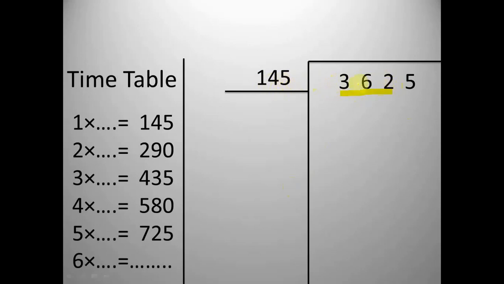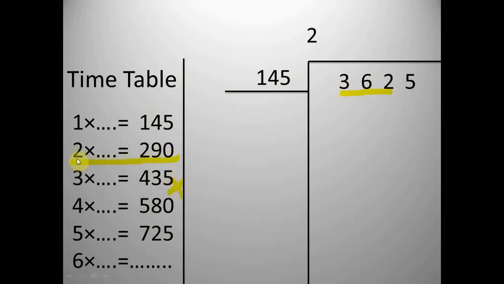Search for a number as 362 exactly. Search 362, not found. Then search for a number bigger than 362. Bigger than 362, no. Bigger than, no. Bigger than, yes. Cancel 400 and take the previous multiple.